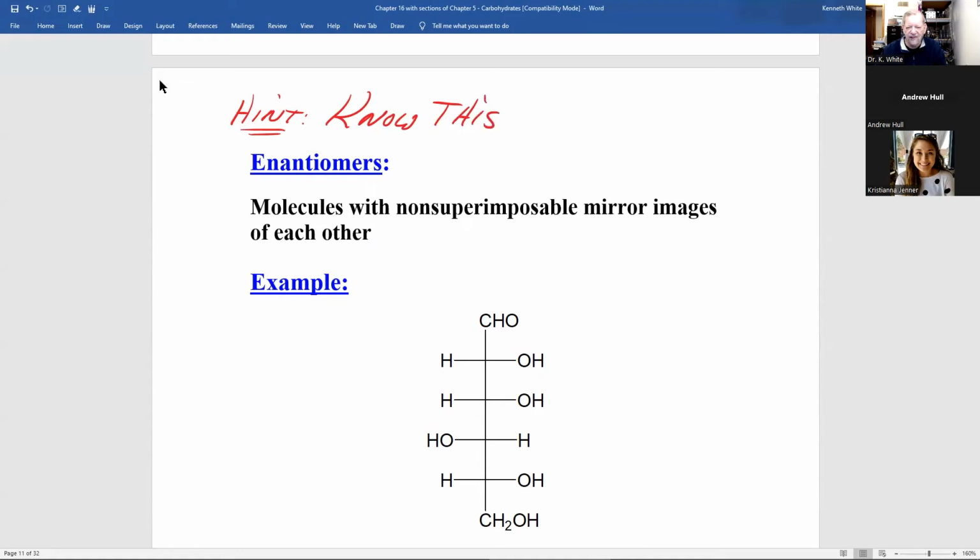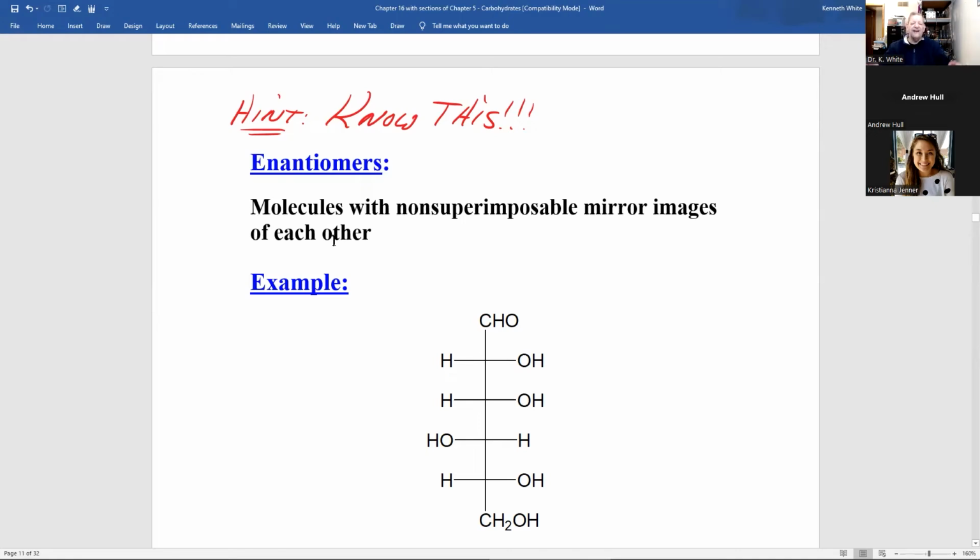I'll never ask on a final or a test what's the definition of a chiral carbon, but I will expect you to know how to circle them. Same thing with the next thing. Does everybody see enantiomers on your screen? Thank you. All right, so what's an enantiomer? That's a molecule with a non-superimposable mirror image.